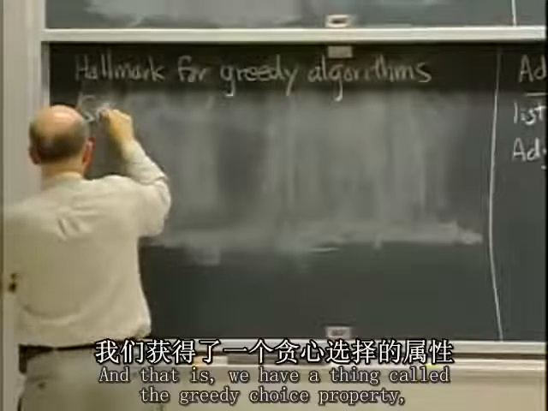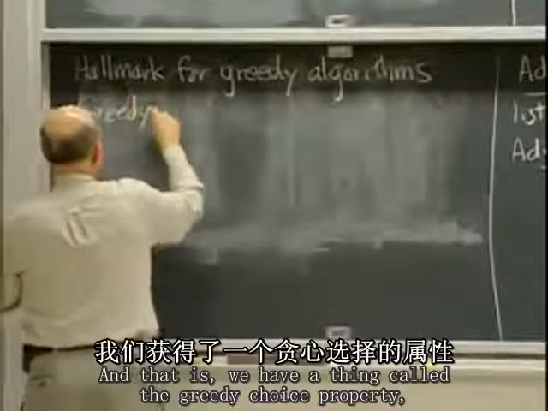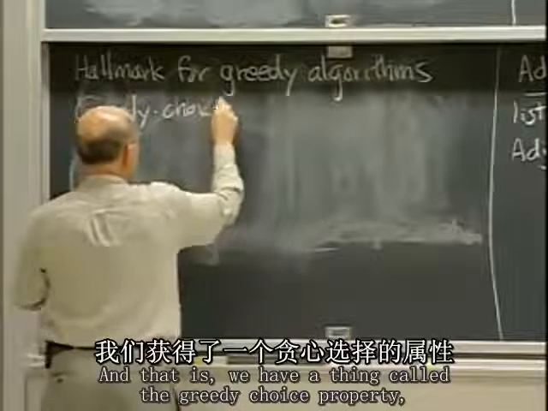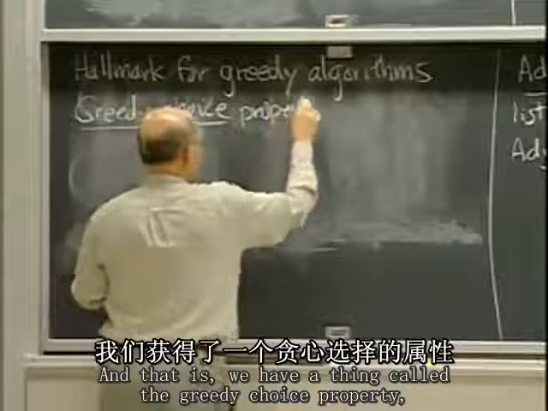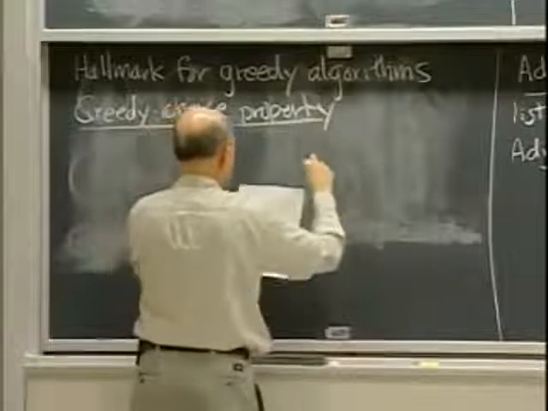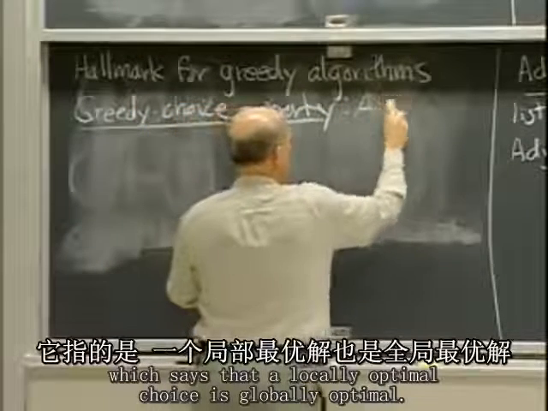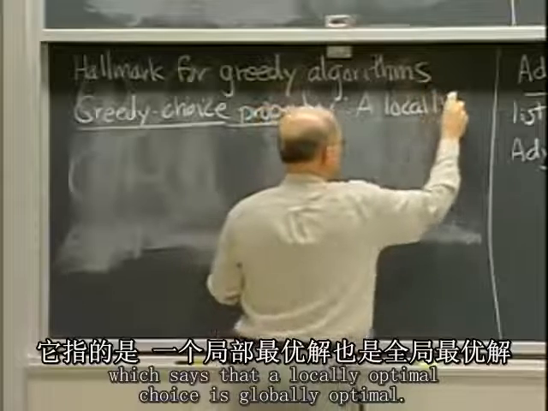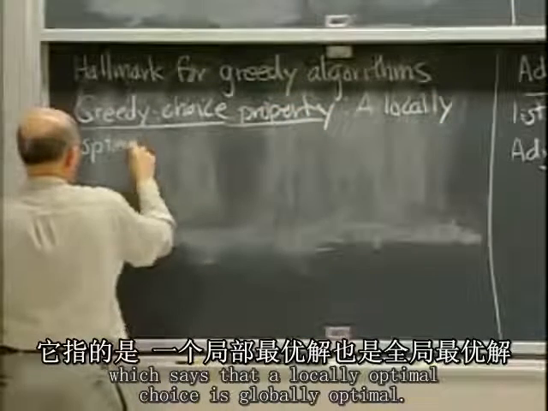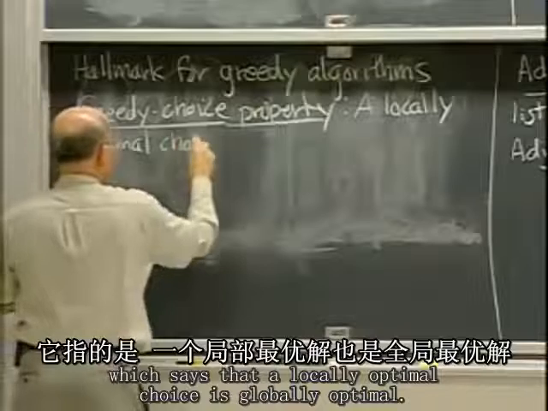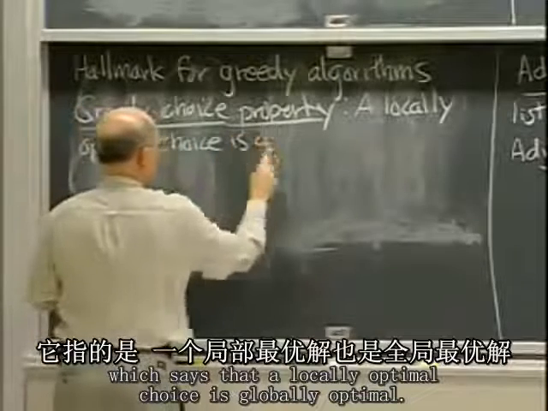And that is, we have a thing called the greedy choice property, which says that a locally optimal choice is globally optimal.